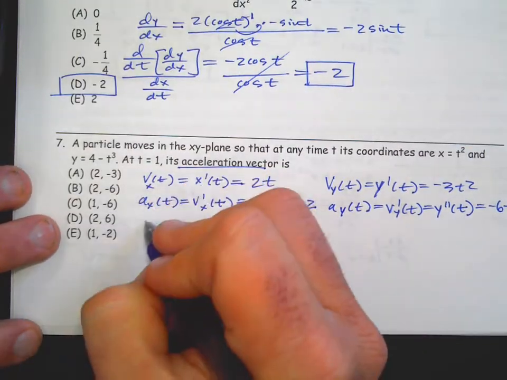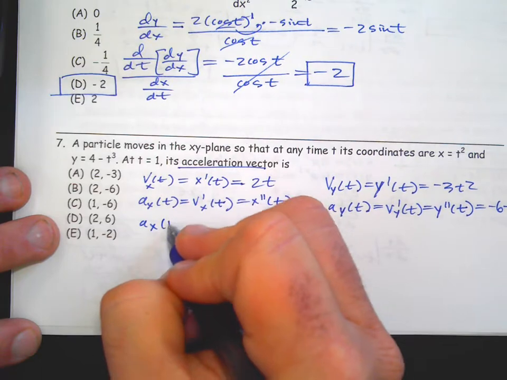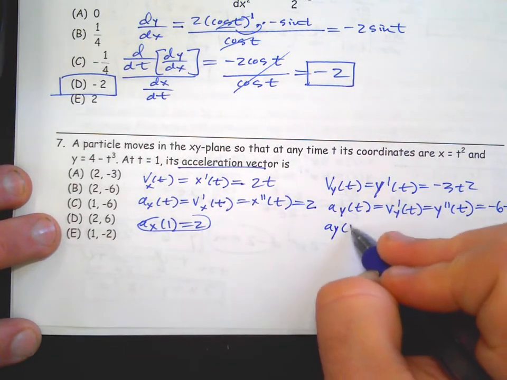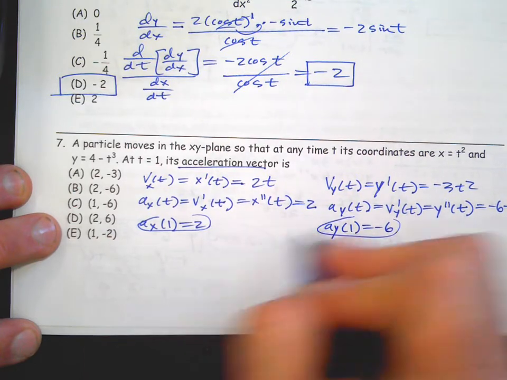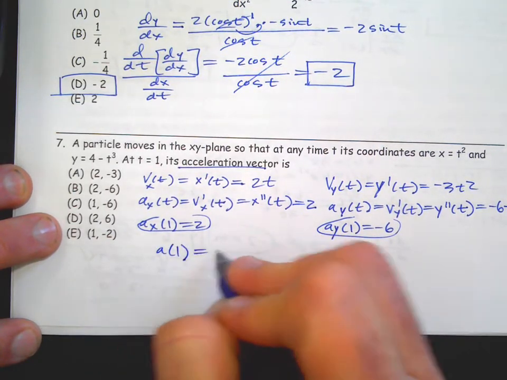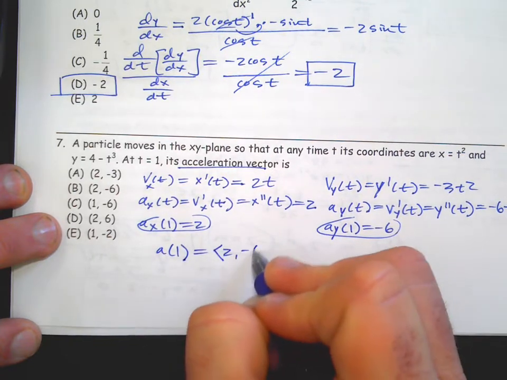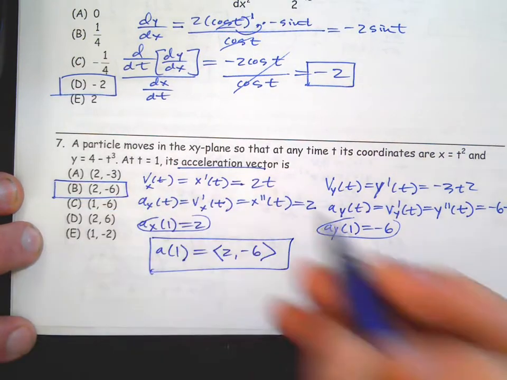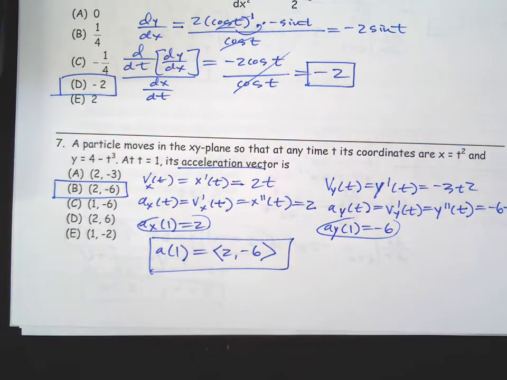So acceleration in the x direction at time 1 is going to be 2, and acceleration in the y direction at time 1 is going to be negative 6. And then we usually write it as a vector, 2 comma negative 6. And you could just use regular parentheses too, that's fine. Whatever. But usually we use the sharper ones a lot of times.